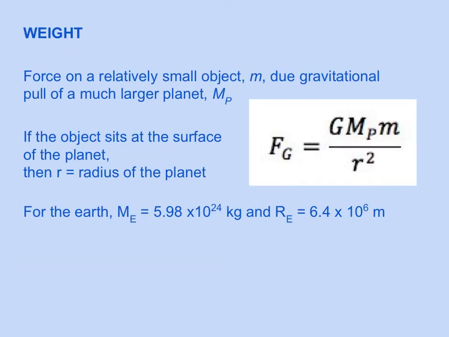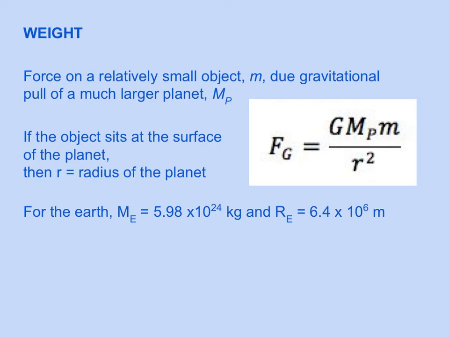So building off of that, the weight of an object does change based on where in the universe that object is located. We're talking about an astronaut on the International Space Station, orbiting the Earth.